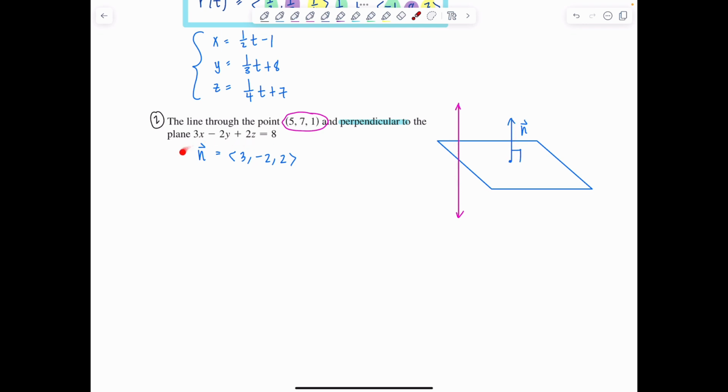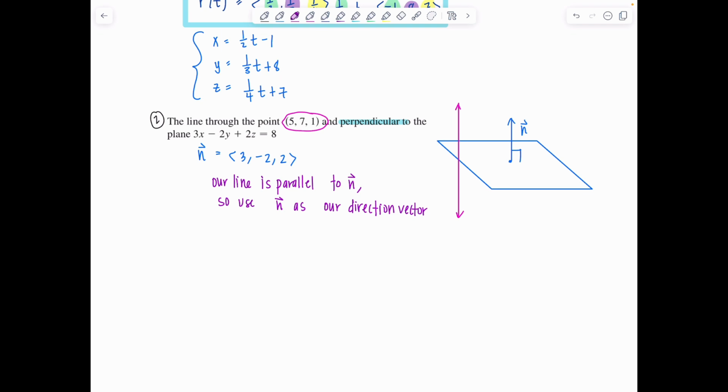So I can use the normal vector as the direction vector for our line. I'll summarize that. Our line is parallel to n. So we can use n as our direction vector. Does that make sense? Okay, good.